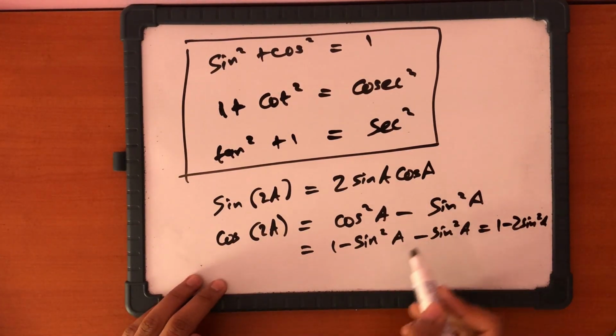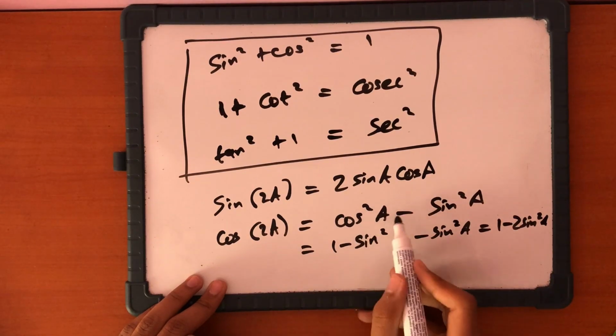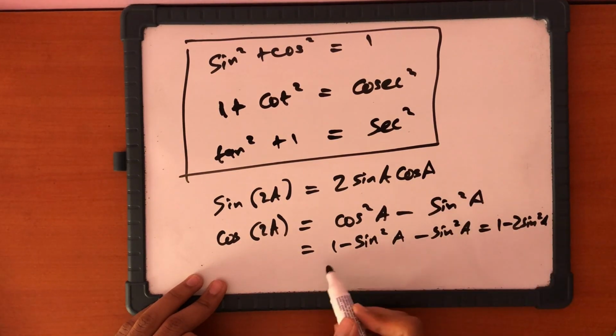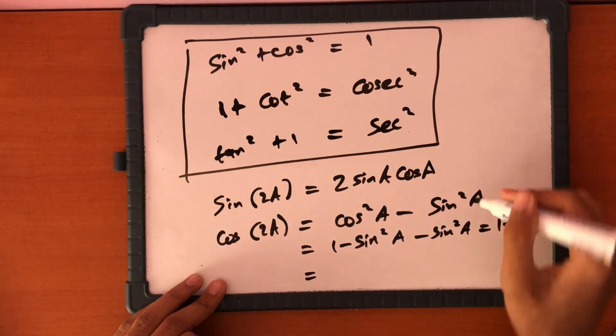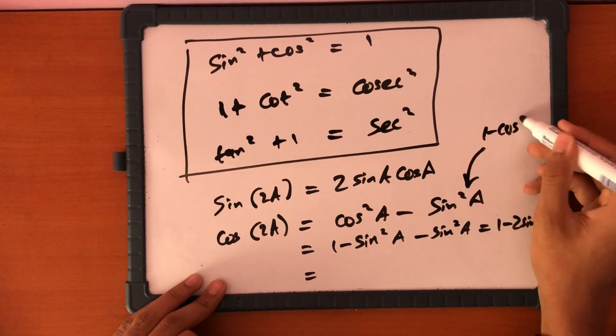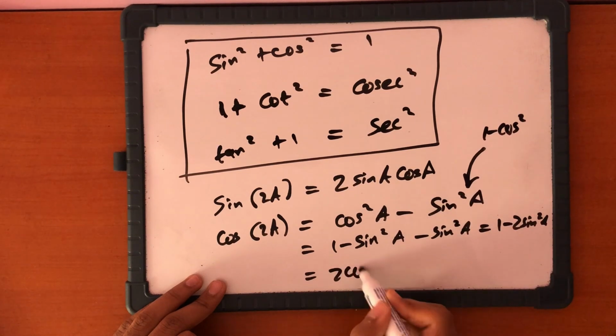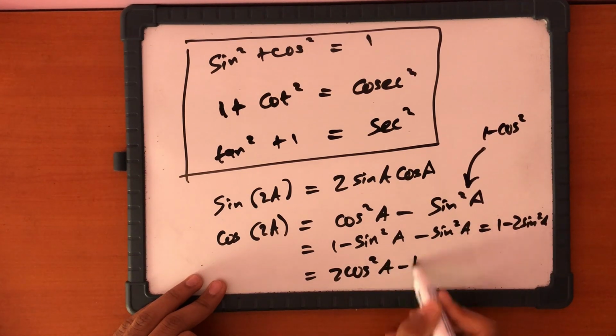And then you can also make it in terms of cos only. So that way it becomes cos squared minus 1 minus cos squared, which gives, from here, replacing sine squared with 1 minus cos squared, we get 2 cos squared a minus 1.